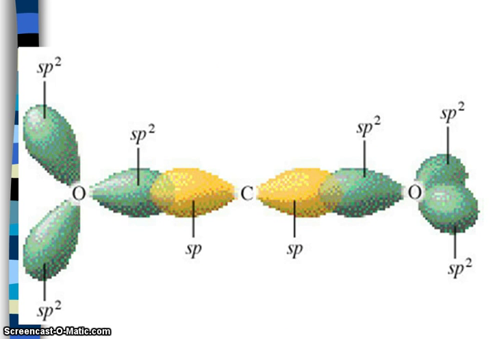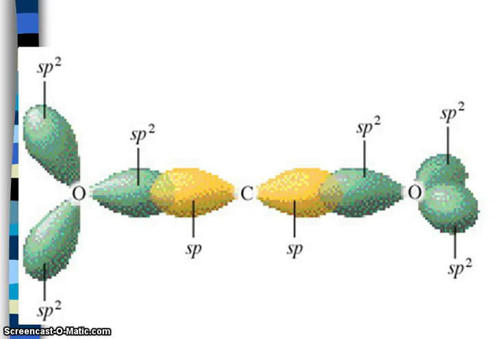So now if we look, we're going to have an overlapping of the sp2 hybrid orbital on oxygen with the sp hybrid orbital on carbon, and that's going to form a sigma bond by sharing a pair of electrons. The same thing will happen between the carbon and the other oxygen, where the sp2 of the oxygen and the sp of the carbon will overlap and share a pair of electrons and form a sigma bond.